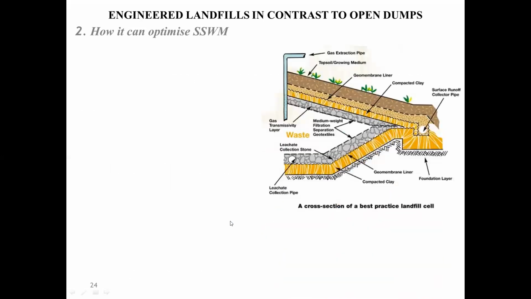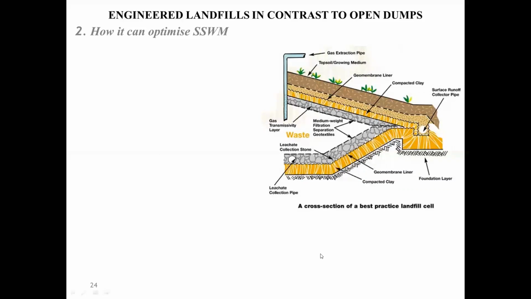Okay, let us go with the engineered landfills and let us try to understand how that is going to be contrasting, or how it is going to have a difference with respect to open dumping. See, as we have already said, open dumping doesn't require any preventive measures when dumping your waste.